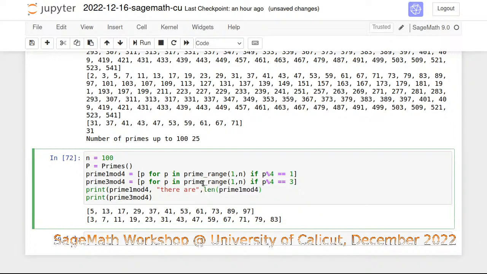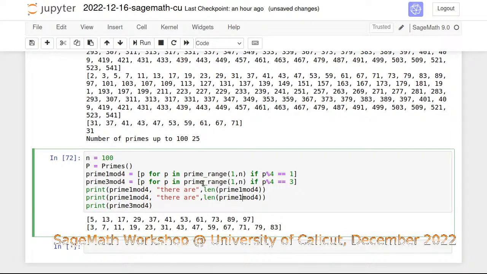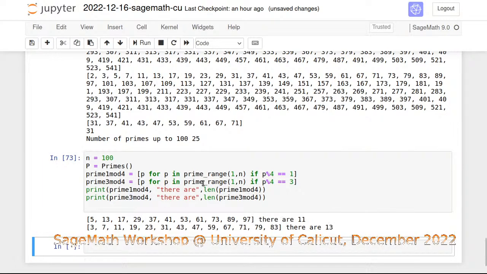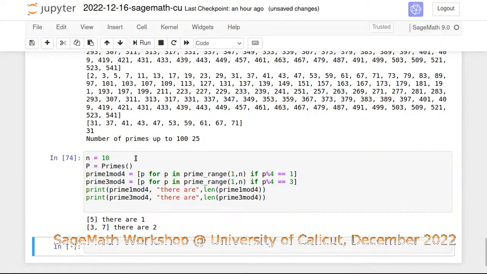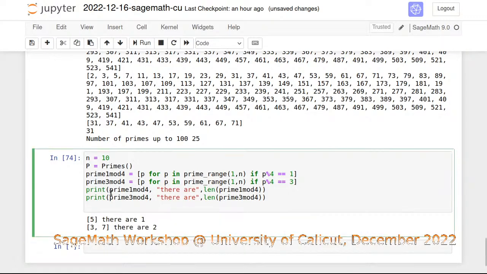Count is not actually just counting the list, it's something else. There are 3, there are 11, there are 13. So what about this number from 10 onwards?